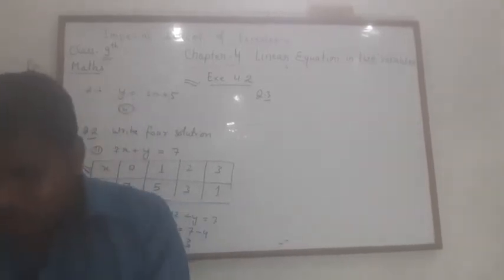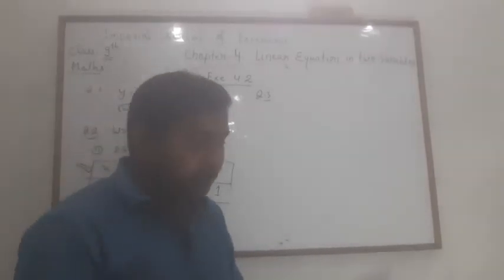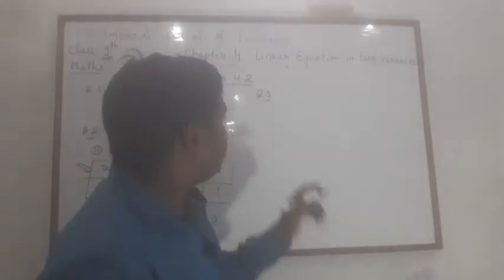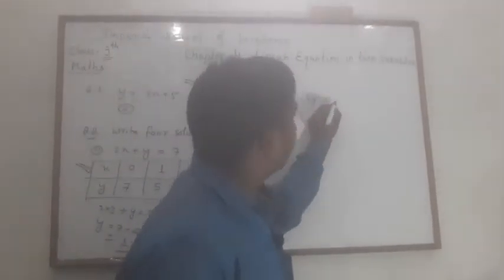Question 3 says: check whether the following are solutions of the equation x minus 2y equals 4, and which are not.